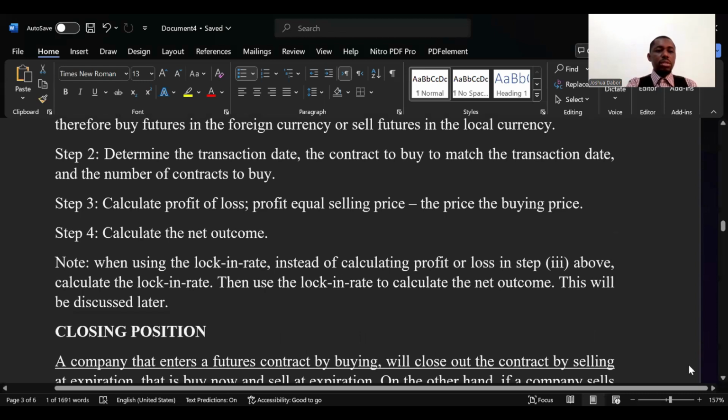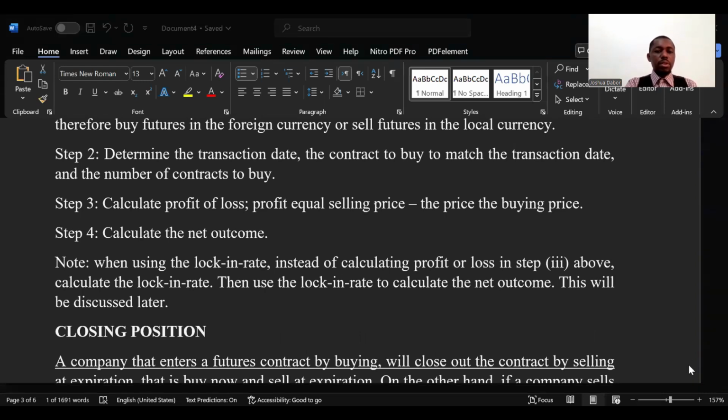Notes: when using the lock-in rates, instead of calculating profit or loss, as mentioned in step 3 above, calculate the lock-in rates. Then use the lock-in rate to calculate the net outcome, and this will be discussed later. So basically, just know that either you are using the lock-in rates or you are using the profit or loss method.